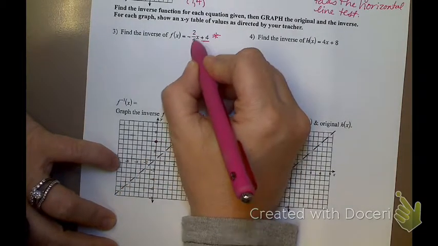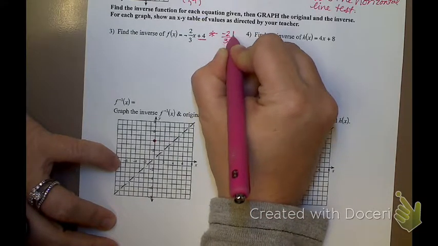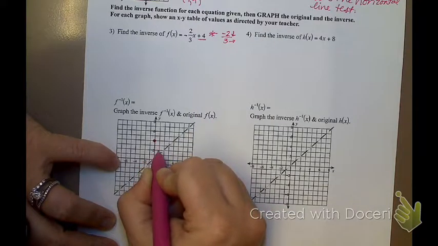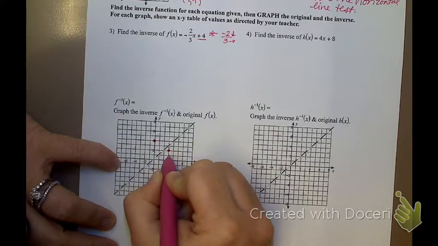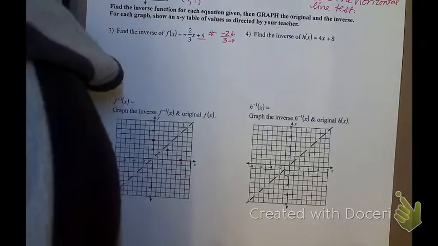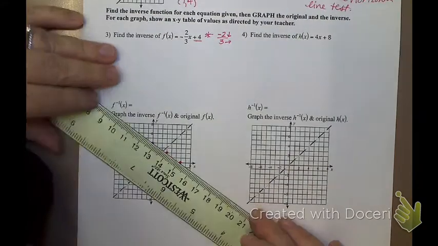And then I have a slope of -2/3. So the rise means I go down, and the run means I go right. So down 2, right 3, down 2, right 3. It's best if you can use a straight edge. Your ID card is a perfect straight edge for these.